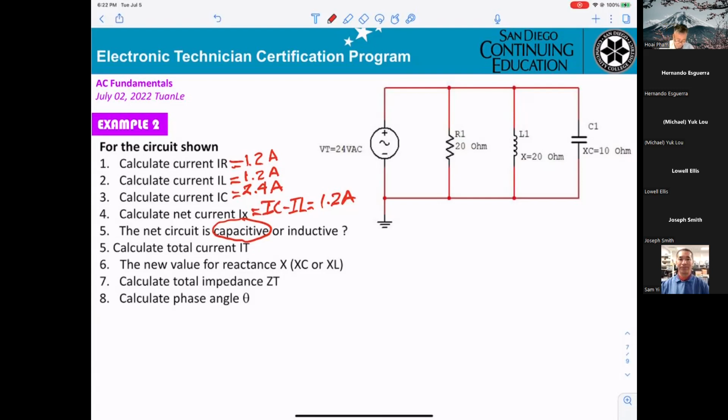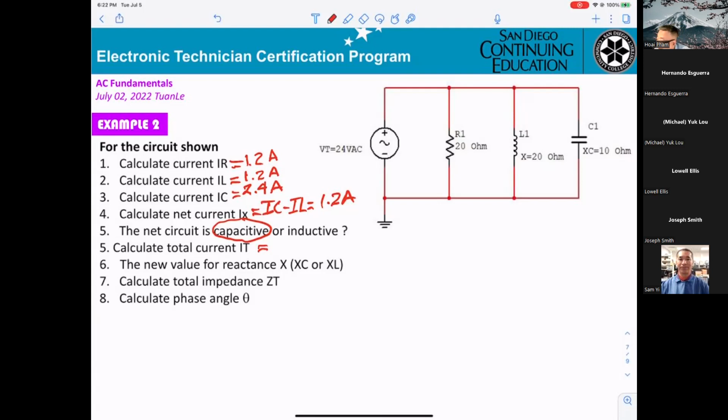I want to know the answer for number 5. 1.7 amps.